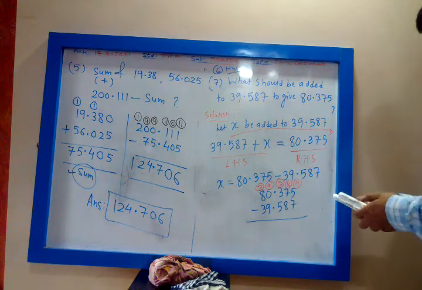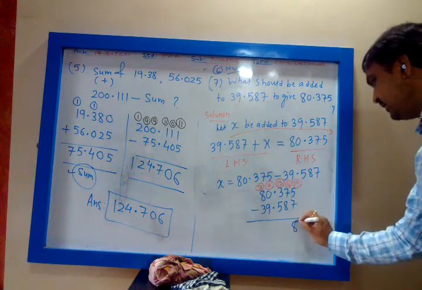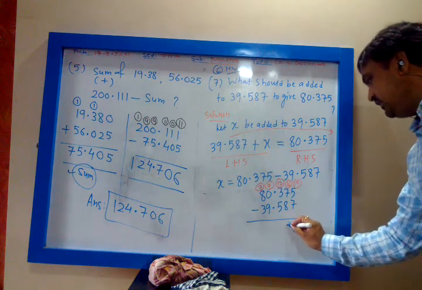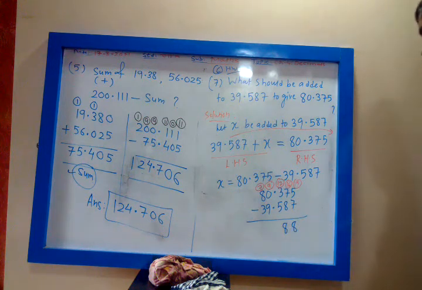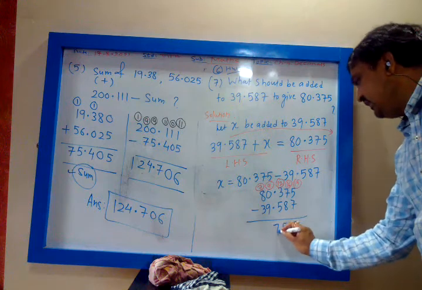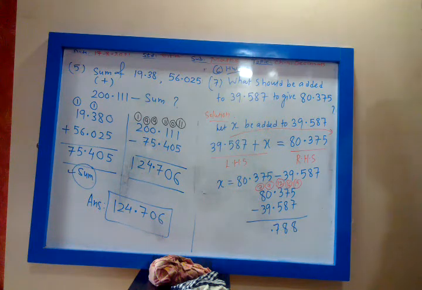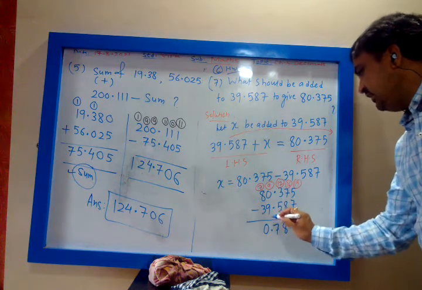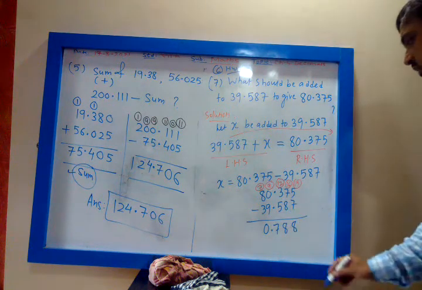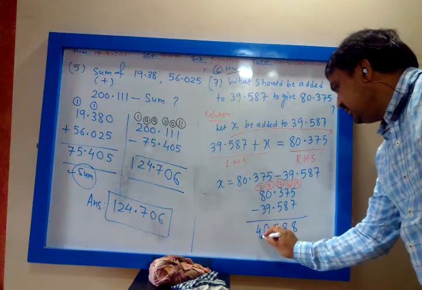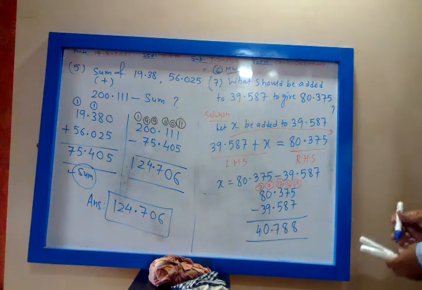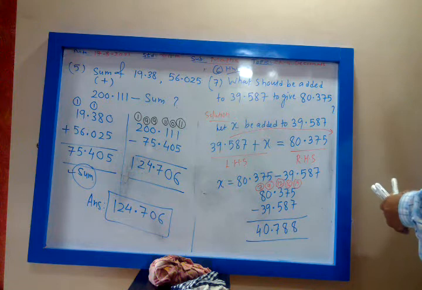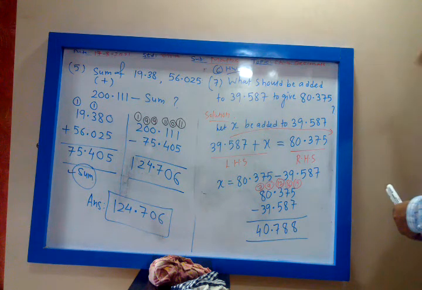So 15 minus 7 is 8. Then 16 minus 8 is 8. Okay. Then 12 minus 5 is 7. Then 9 minus 0 is 9. 9 minus 9 is 0. Then 7 minus 3 is 4. Answer is 40.788. Yes? Yes or no?